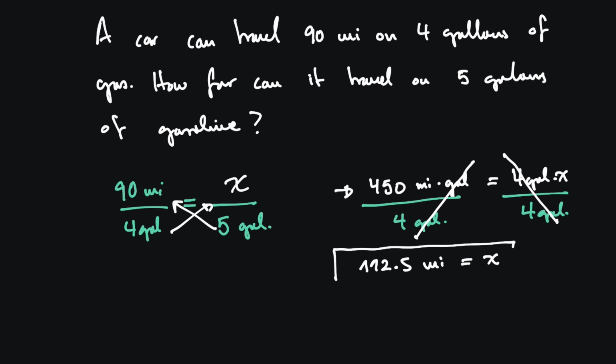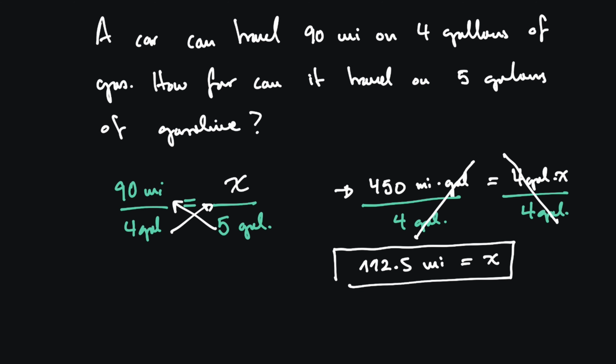So this value that we just got here is the amount of miles that we can run on 5 gallons of gasoline, right? Remember, we were looking for this: if I know that I can run my car for 90 miles per 4 gallons, how many miles can I run the car for 5 gallons?